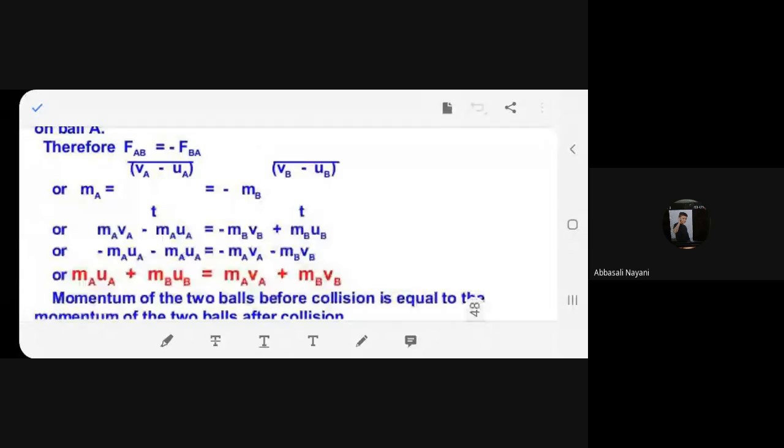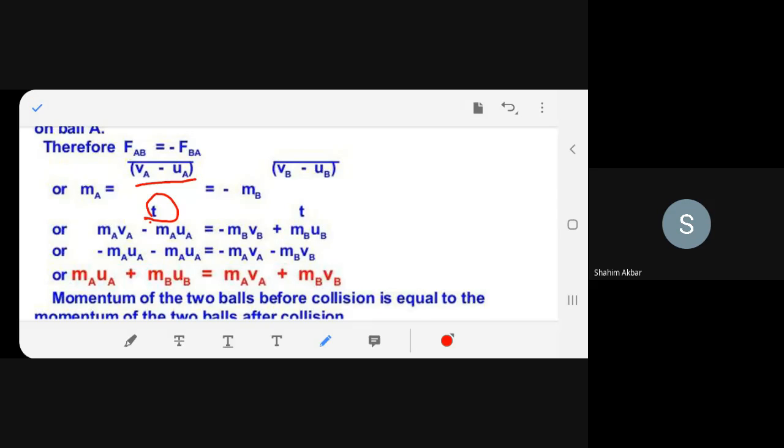Yes. So what will the momentum be? MA VA minus UA upon T. And here it will be minus MB VB minus UB upon T. Yes? Do you understand or not?